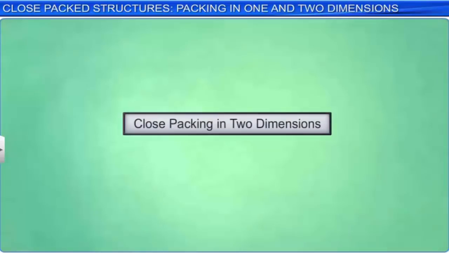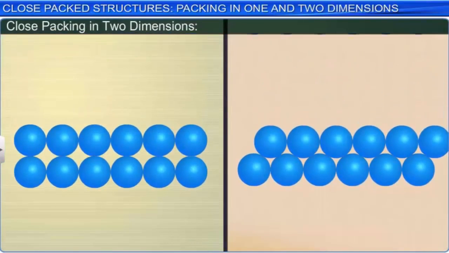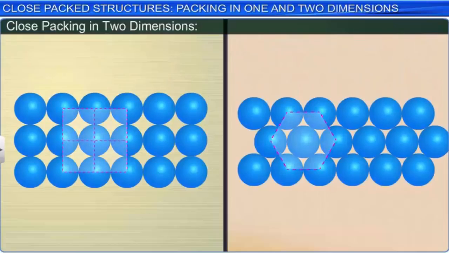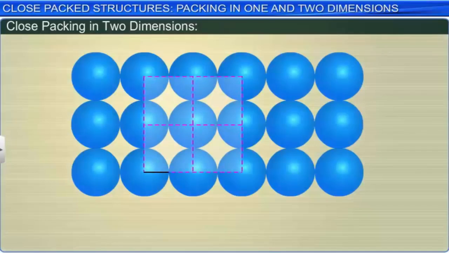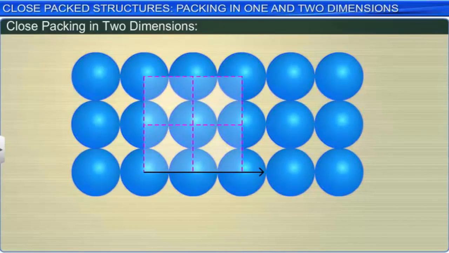Let's now look at close packing in 2 dimensions. When a number of rows are stacked up, a 2-dimensional crystal plane is generated. Obviously, there are 2 ways of stacking the rows. One way is for the rows to lie one above the other, with one sphere exactly above another.